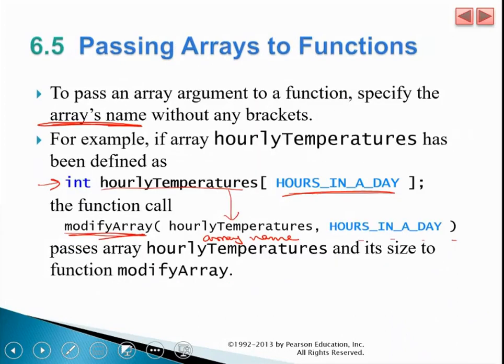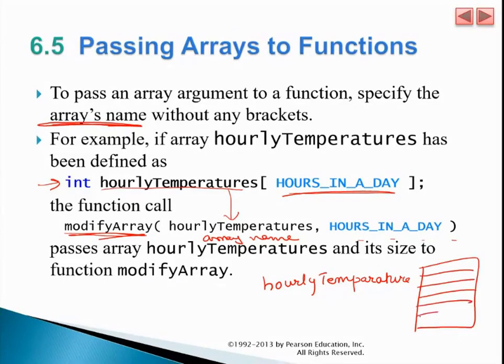For example, here we have an hourly temperature array, and you already know that in memory it is something like this. This is the size of the array, with index 0, 1, 2, 3, 4, and so on. Whenever we pass this hourly temperature, you know what happens.